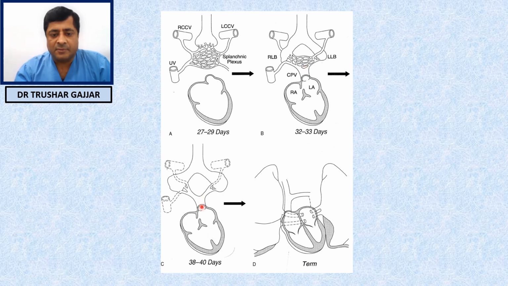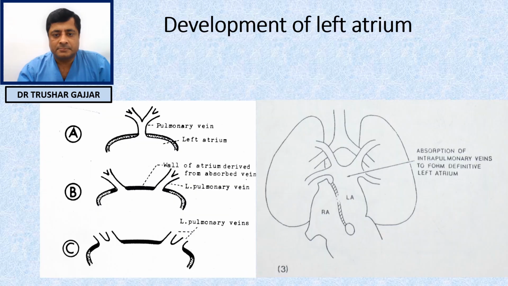Slowly that forms a single chamber and then gets absorbed inside the primitive atrium, and they move apart and form the pulmonary veins. So this is how it gets incorporated inside the primitive atrium. Slowly it gets separated out and it forms right and left pulmonary veins.